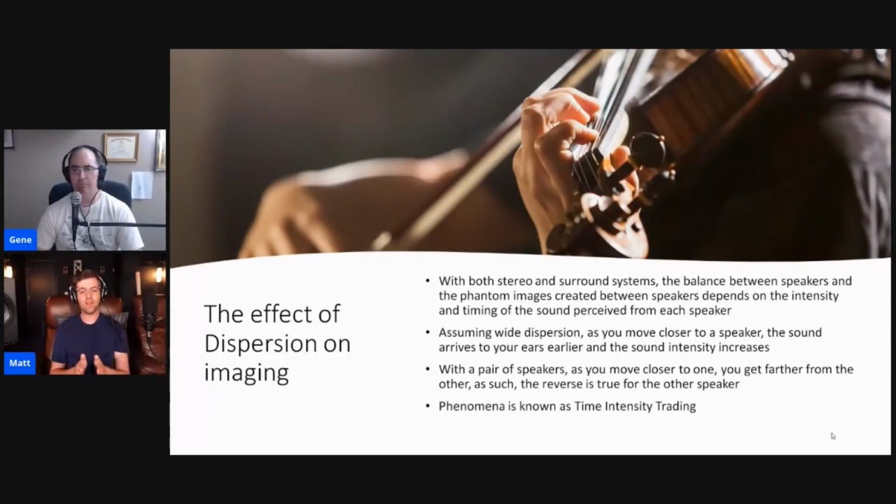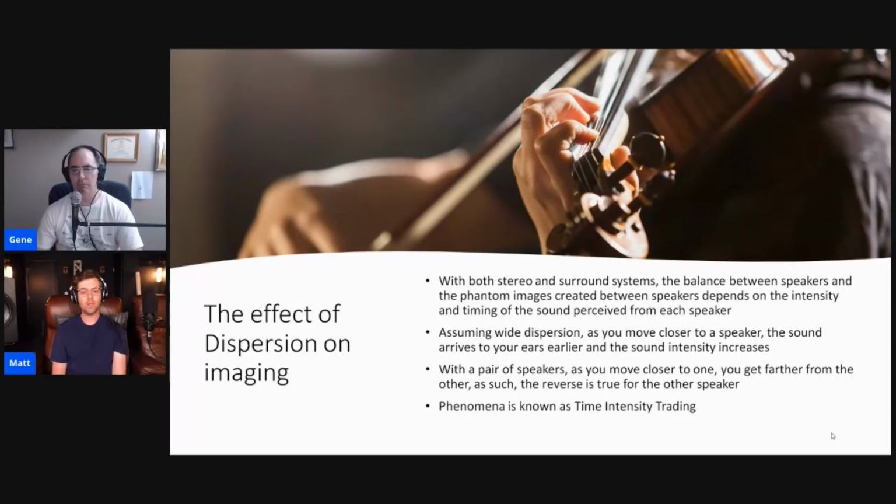Mm-hmm. What happens then is that speaker becomes louder because you're closer to it, if it's a wide dispersion speaker, and because you're closer to it, the timing difference becomes greater. That one is now closer to you, sound arrives to you quicker, and the other speaker, of course, is farther from you. It's quieter and sound takes longer to arrive. Those two properties shift the image with you.